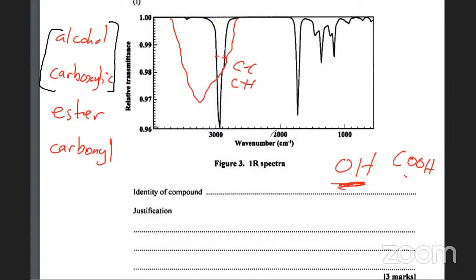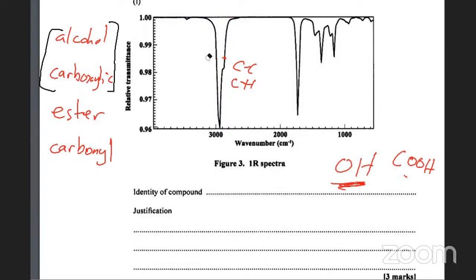Without even using the specific number, once you get a graph and you see a very wide peak at the left-hand side, that's OH for a carboxylic acid. As you see this, you know it's a carboxylic acid. Now, if you do not see it, it's not a carboxylic acid.